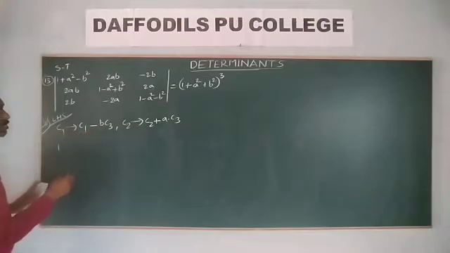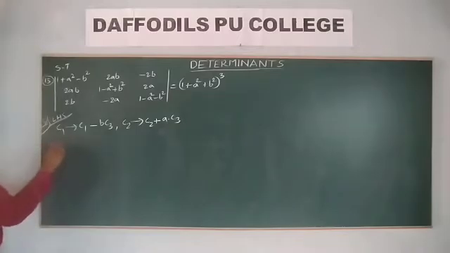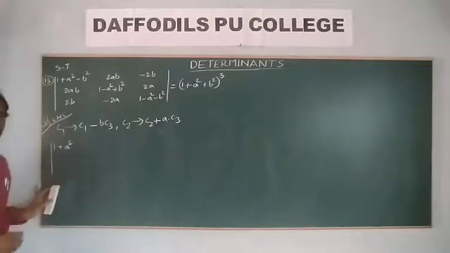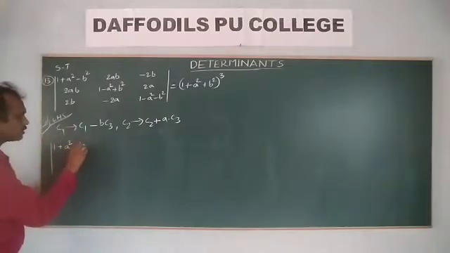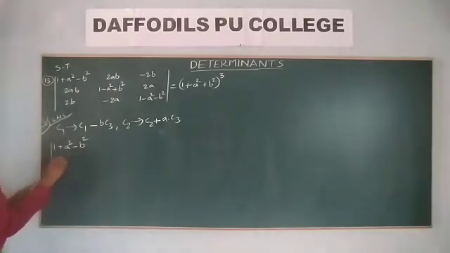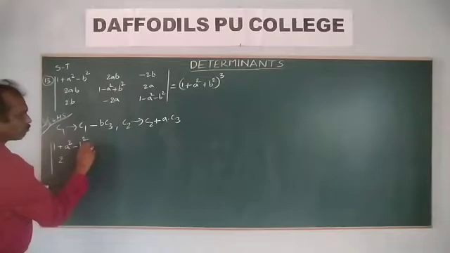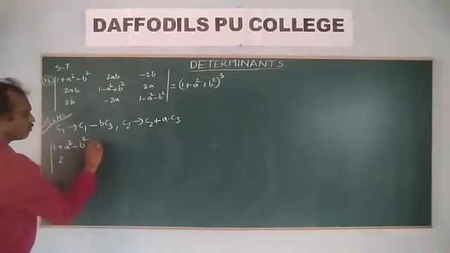C1 gives C1 minus b C3. That implies the LHS value: 1 plus a square minus b square, minus of minus plus 2b square.